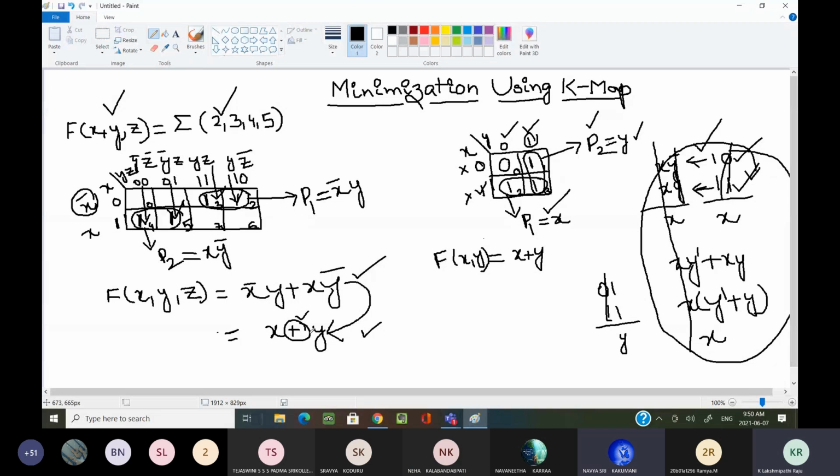To minimize SOP forms. To minimize it to two variables. Here also two variables only. The above expression, SOP, literal. XOR, sir.